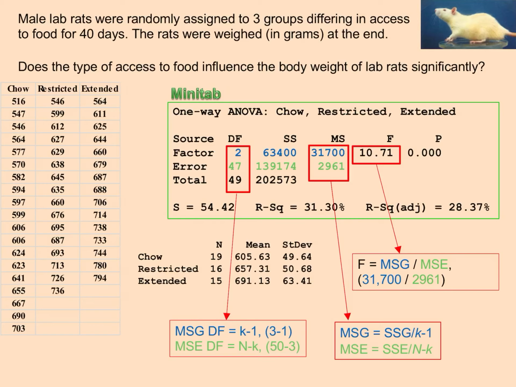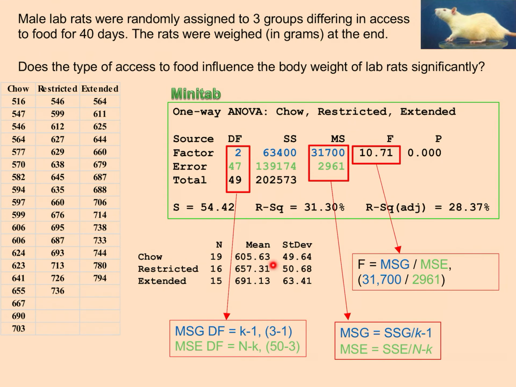All right. So let's look at the ANOVA table for the rat diet example we've been looking at. Remember we have 3 samples: one for the rats on chow, one for the rats on restricted diet, and one for those on extended diet. This is our ANOVA table. The main thing we're looking at here is the p-value.